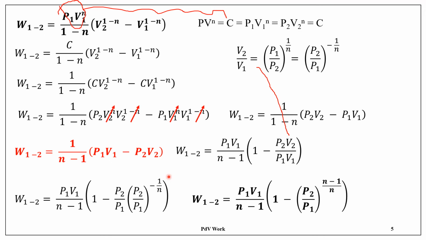Of course, this equation is written in red font, meaning it is enough if you remember this formula in order to solve problems that involve work done during a polytropic process. So we can use this formula and also this, both are correct.